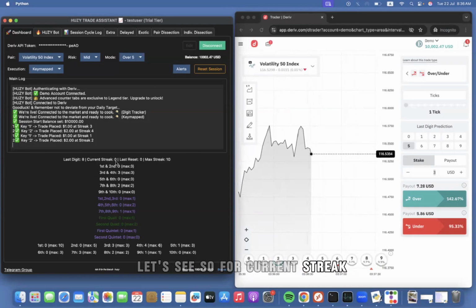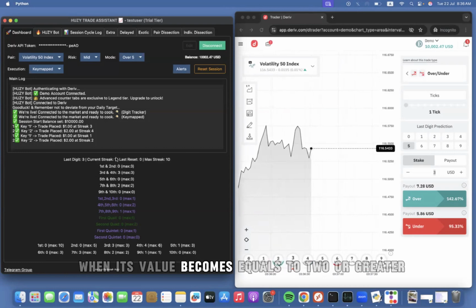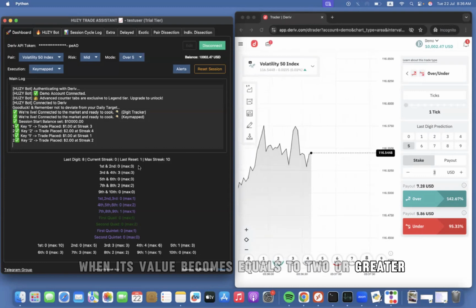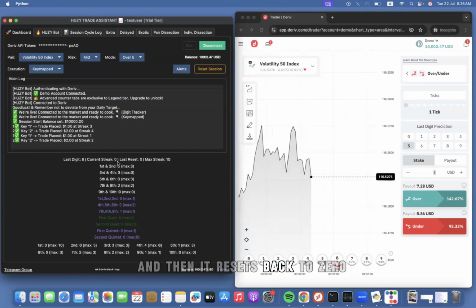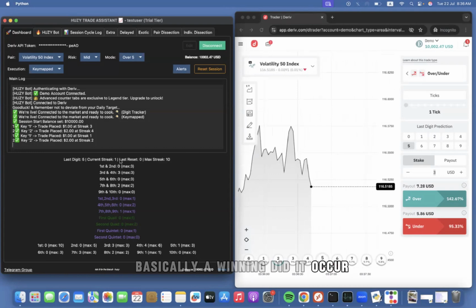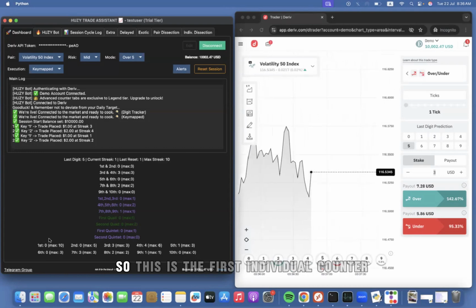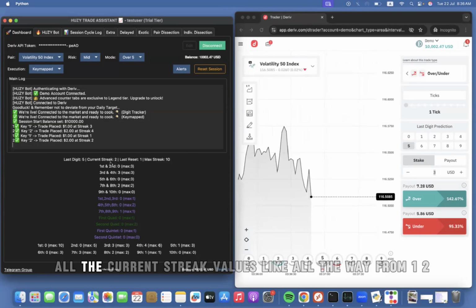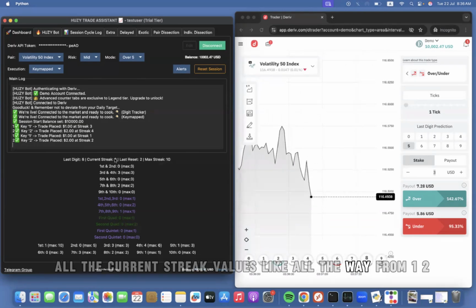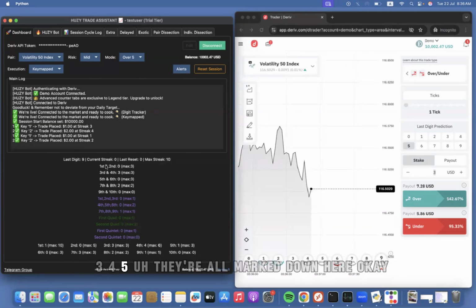So for current streak, when its value becomes equal to 2 or greater, and then it resets back to 0, basically a winning digit occurs, then this is going to increment by 1. Okay, so this is the first individual counter. All the current streak values, all the way from 1, 2, 3, 4, 5, are all marked down here.